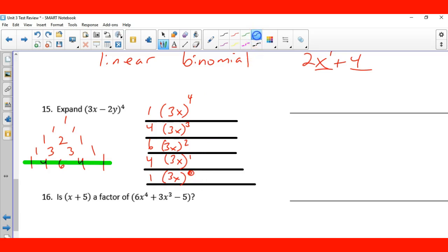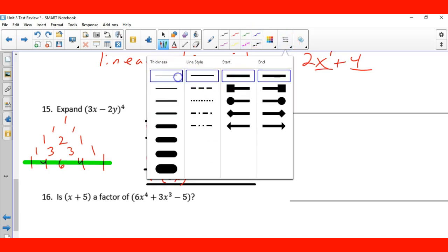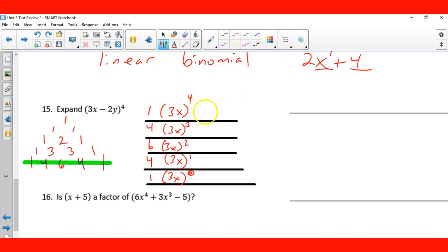And then over here, we're going to go negative 2y, negative 2y, negative 2y, and I'm going to go 0, 1, 2, 3, 4.